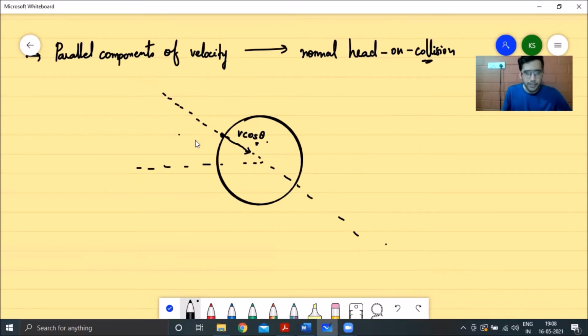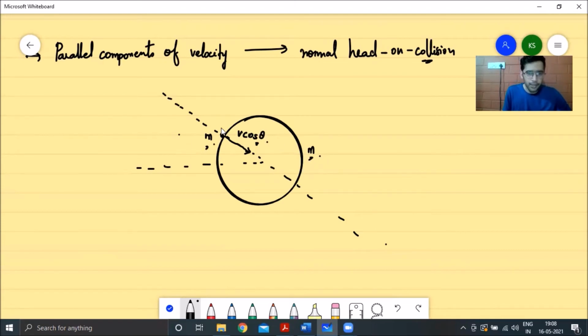How do we solve a normal head-on collision problem? We generally use two equations: conservation of momentum and the coefficient of restitution equation, that is, velocity of separation should be equal to e times velocity of approach. But in this case, we can directly take a result which we had derived for an elastic collision.